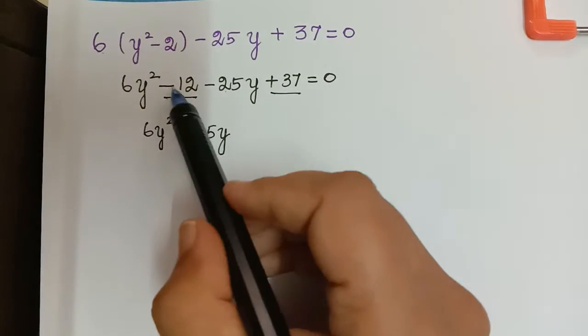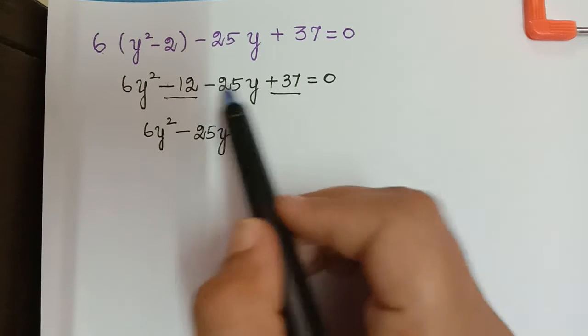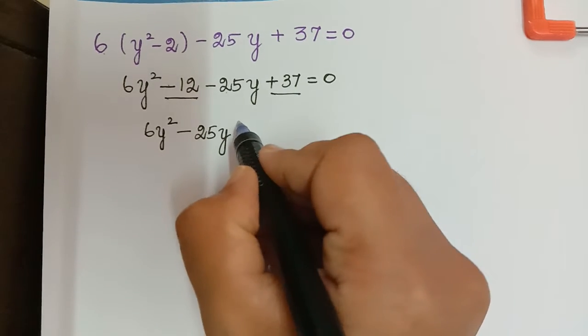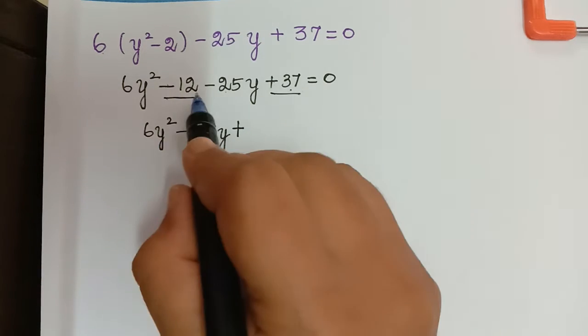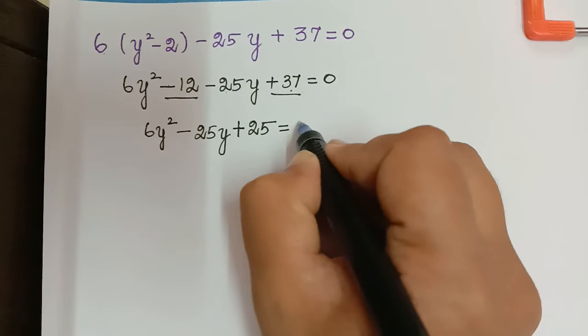Now if you see here, we have a negative sign and here we have a positive sign. So actually we have to subtract these two, and the sign of the higher value is plus. So it will be positive 37 minus 12, and so we will get 25 is equal to 0.